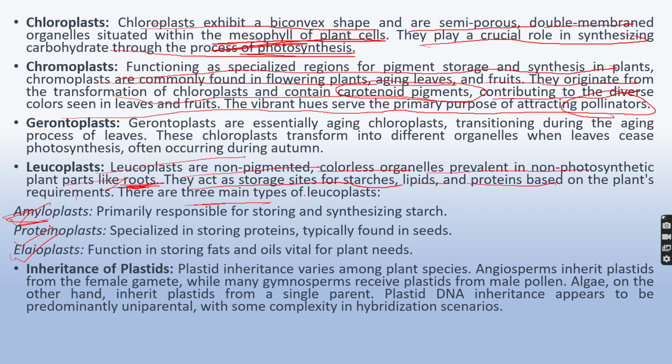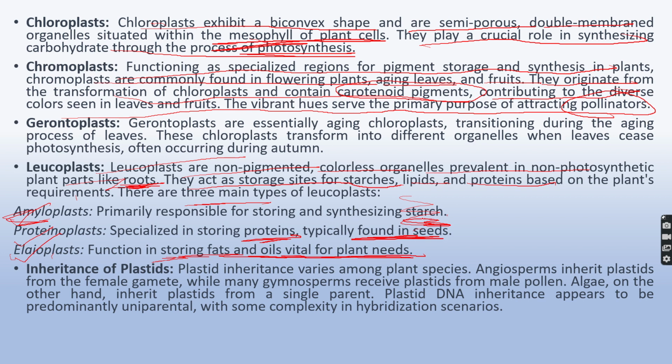Amyloplast is storing your carbohydrate, starch. A proteinoplast is storing proteins and is typically found in seeds. Elaioplast is basically storing fats and oils for plant needs.